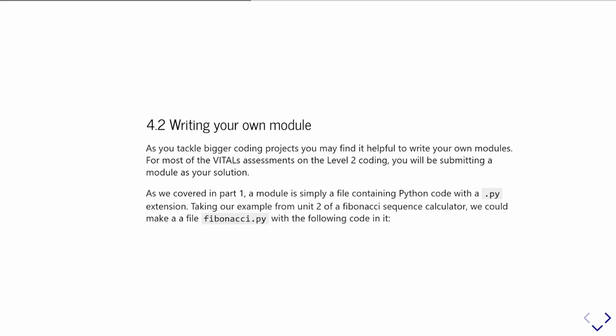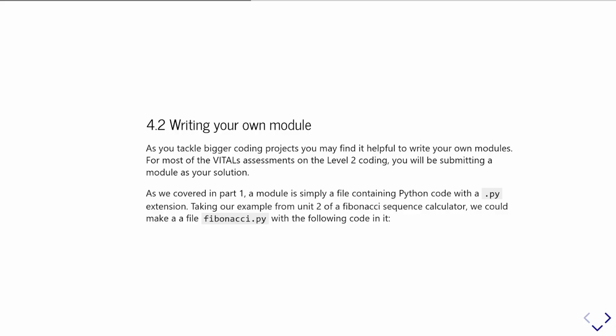As I said, all we have to do is create .py files, so plain Python code files with a .py extension that contain the code. For example here, I'm going to make use of the code we wrote in Unit 2 of this strand on structuring code, which is a Fibonacci sequence calculator.